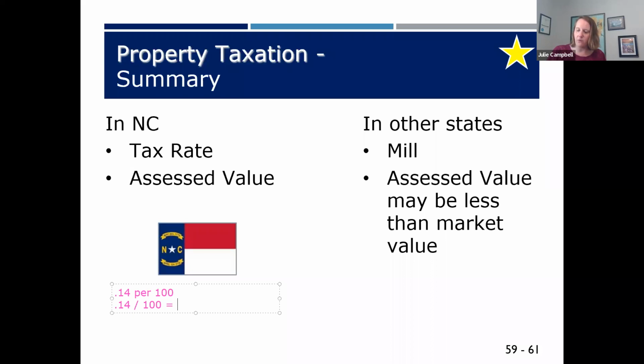So if I take 0.14 and divide it by 100, I have a rate of 0.0014. So we're either dividing by 100 or we're dividing by 1,000 if it's a mill. North Carolina uses 100% of the assessed value. Other states use the mill. Their assessed value may be less.